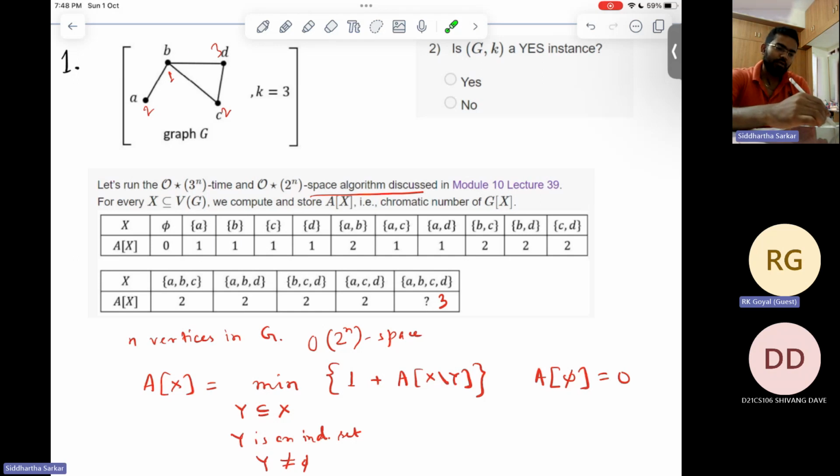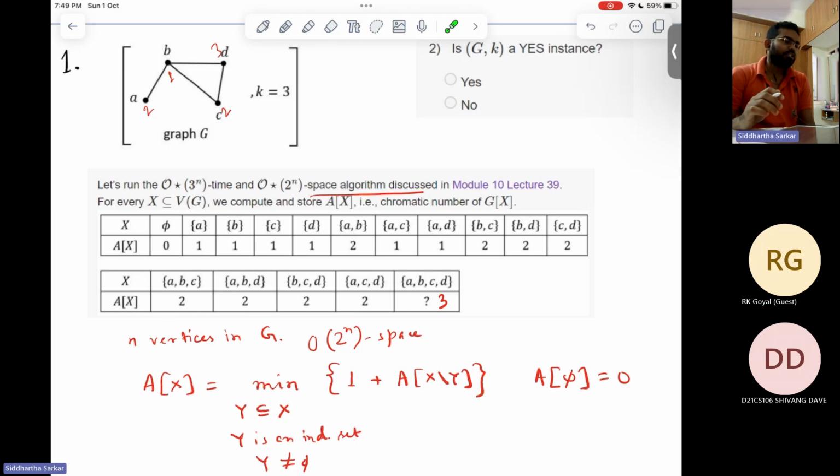No, AB is not an independent set here, but it could have been an independent set in a general case. Correct, that is true. I agree. So that is how the computation is going on.